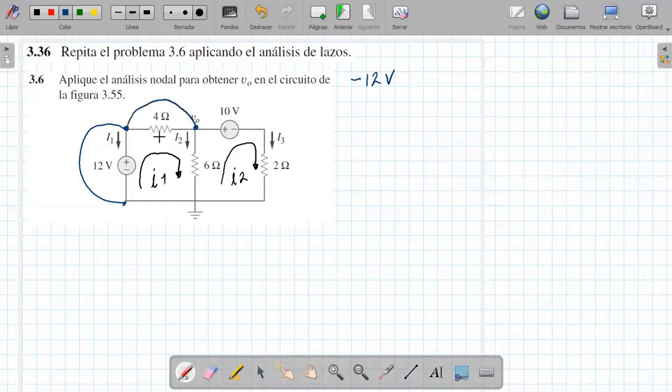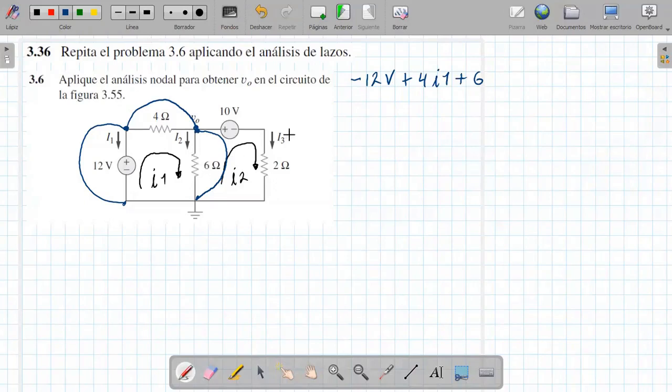The voltage would then be mesh current 1 times the resistance, so plus 4 times I1. And between this point and this point, it would be the resistance 6 times the current of the resistance.